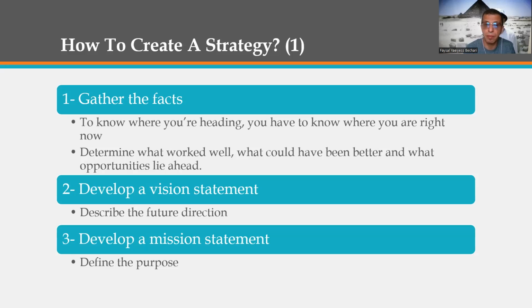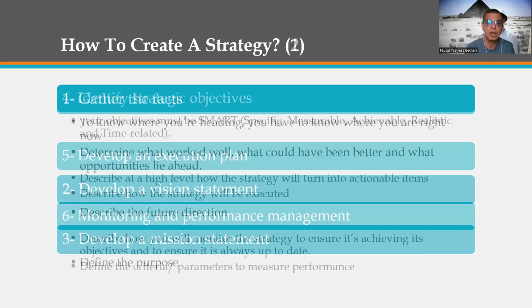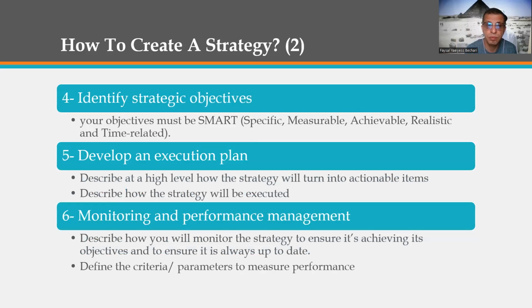The second step, you need to develop a vision statement. Describe the future direction as you saw it earlier. Then develop a mission statement. Define the purpose. Why are you doing that? And the fourth step, you need to identify a strategic objective, which is SMART.